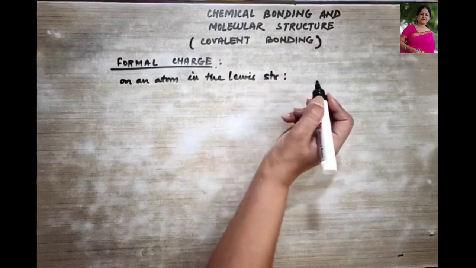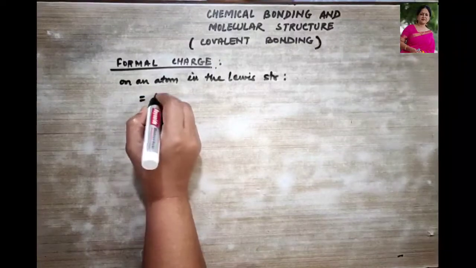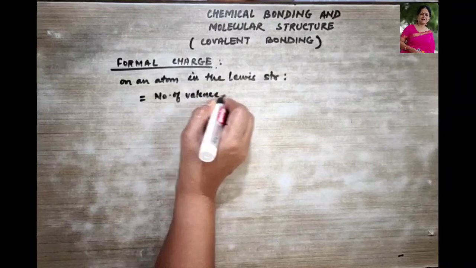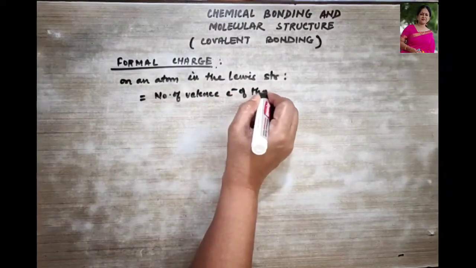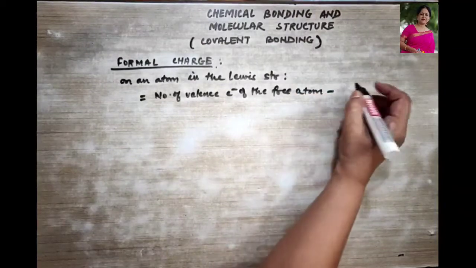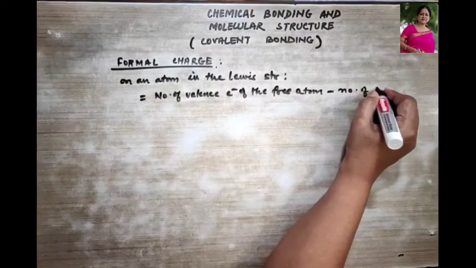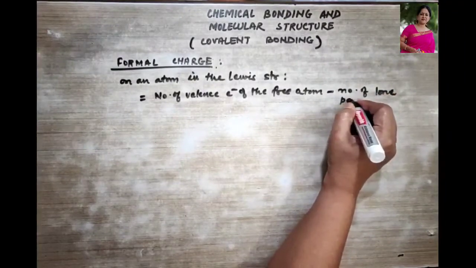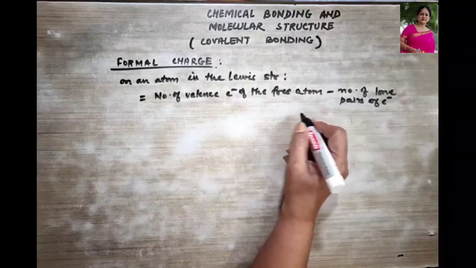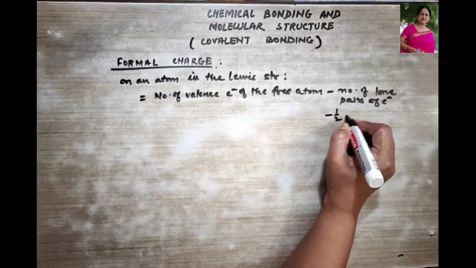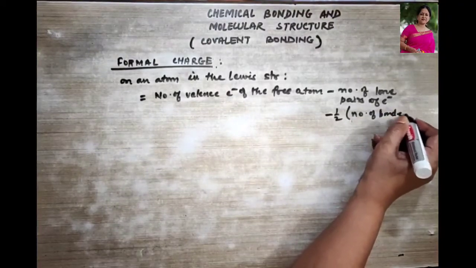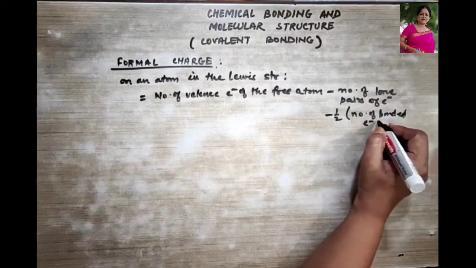you have to just learn the formula, which is equal to the number of valence electrons of the free atom minus the number of lone pairs of electrons minus half the number of bonded electrons.